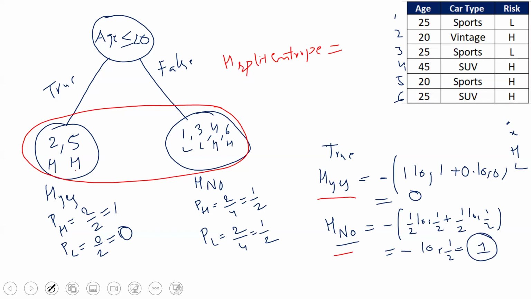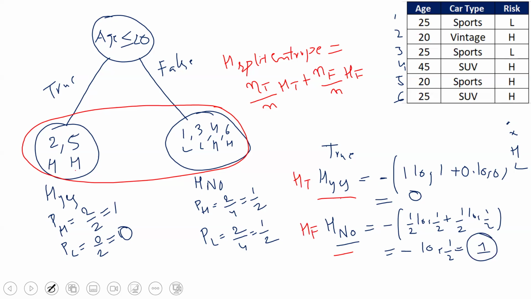The weighted entropy of these two is the number of records for true by total number of records, times the entropy of the true side, plus the number of records on false by total number of records, times the entropy of false. Here, yes and no are true and false. This is the entropy of true, this is the entropy of false.